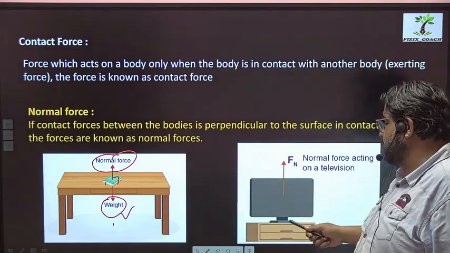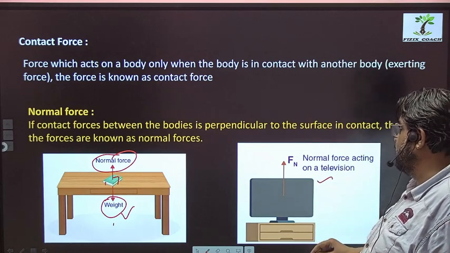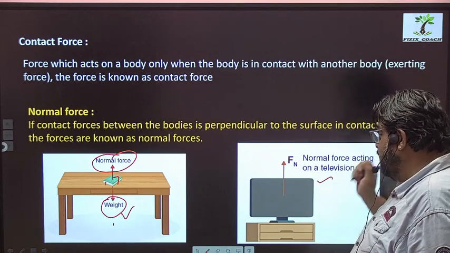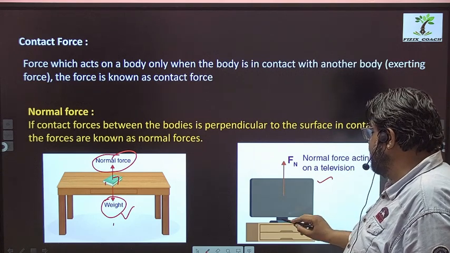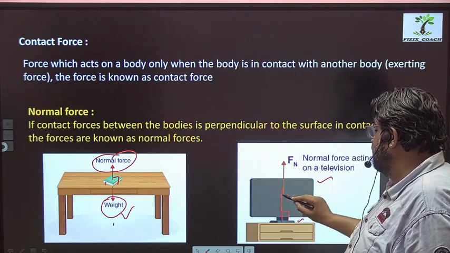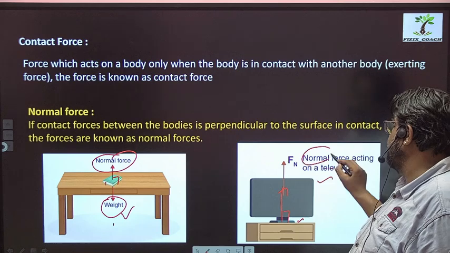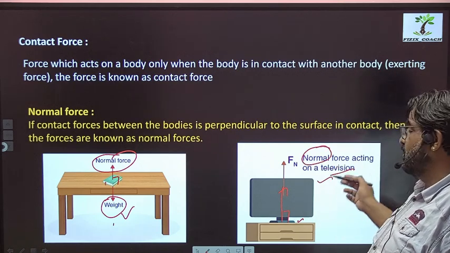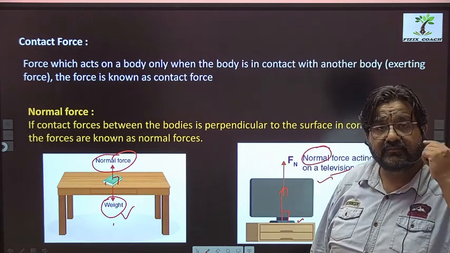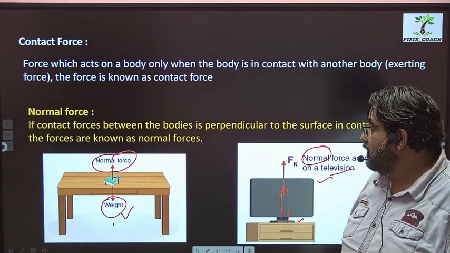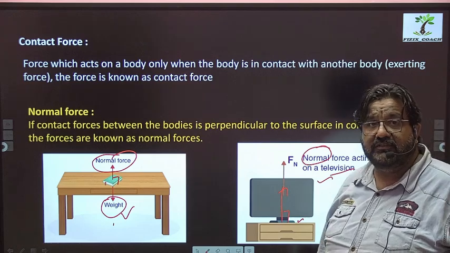Similarly, if this screen or computer is placed on the table, then the table is applying a perpendicular force onto this screen, which is normal force. So I'm sure normal force is clear.